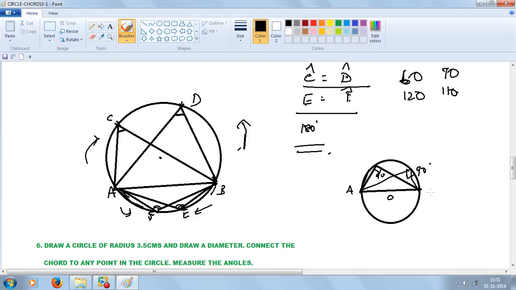And you'll notice any point, in this case, even below, any point in the circle is 90 degrees.